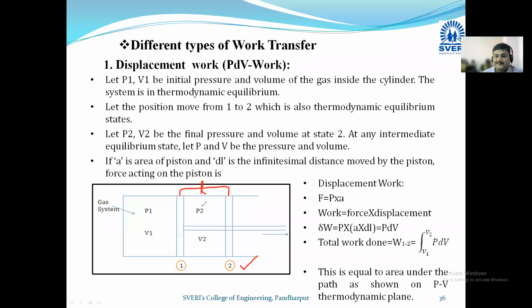Here, force is nothing but pressure into area. Pressure is provided on this piston and area is the area of the piston. The circular area of that piston will give the pressure on the air. Is what I am saying correct?